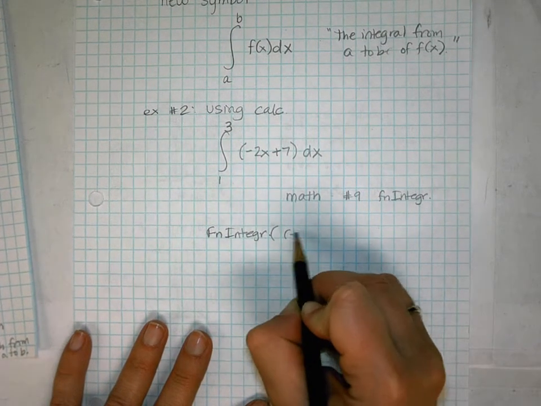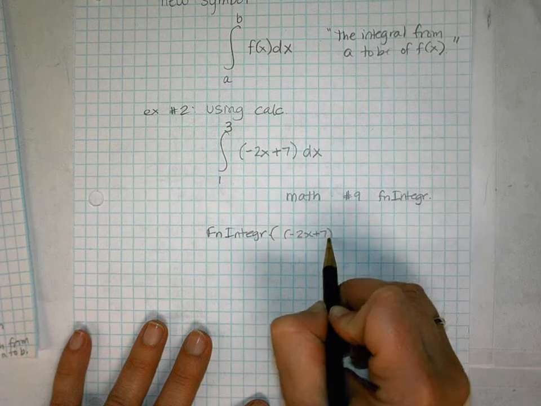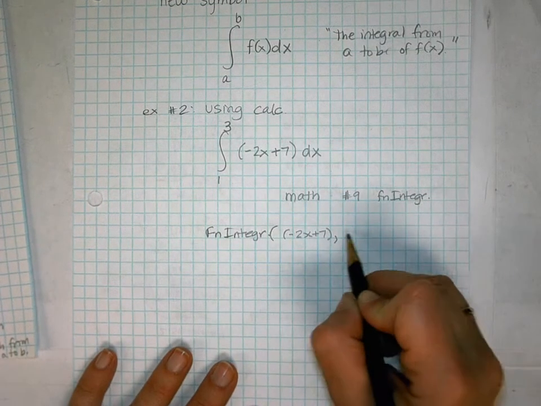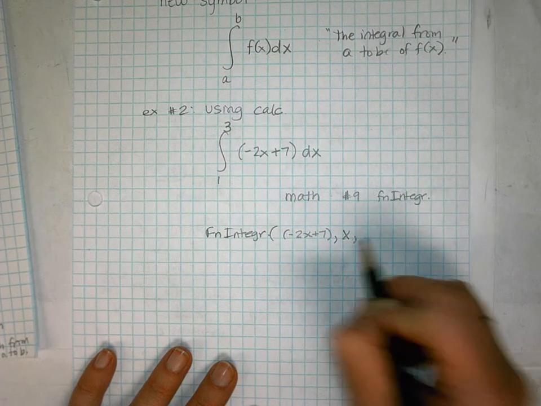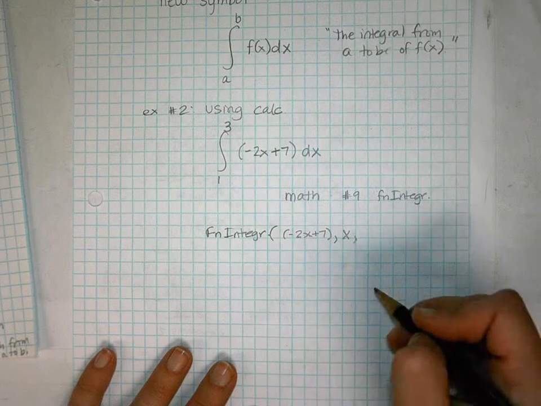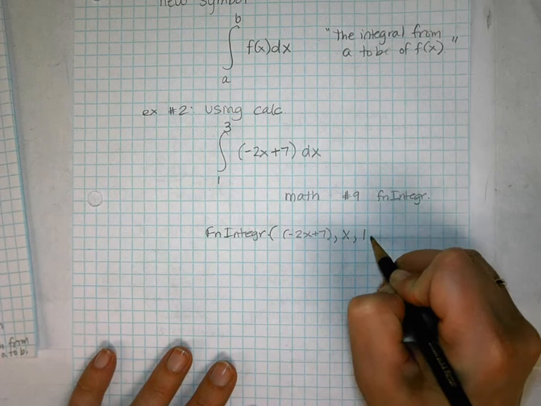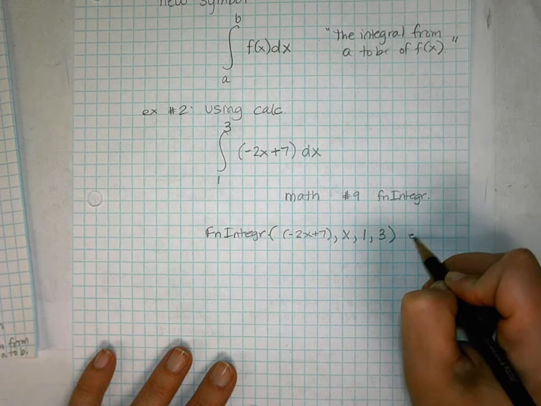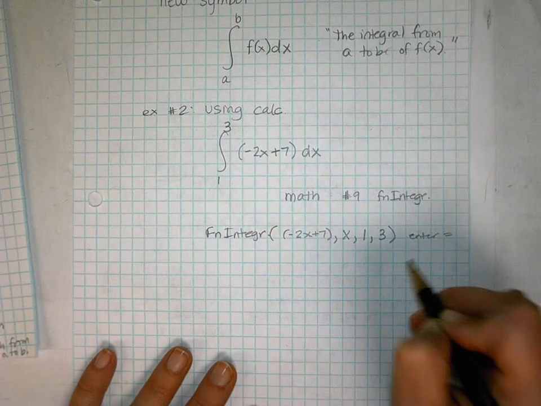I sometimes use double parentheses to be careful. I push in my function, comma, x, comma, and then your A and your B, your interval. So from 1 to 3. So 1 comma 3, close parentheses, hit enter, and you'll get that this actually equals 6.